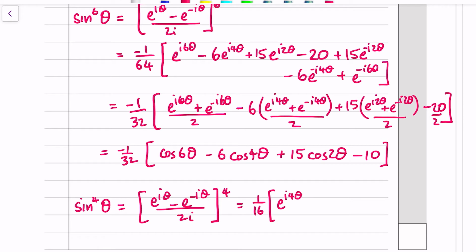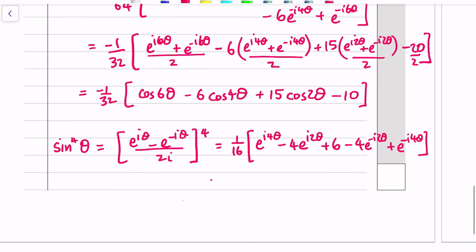Coefficients for a power of 4 is 1, 4, 6, 4, 1. Distribute the 1 over 16 to an eighth.